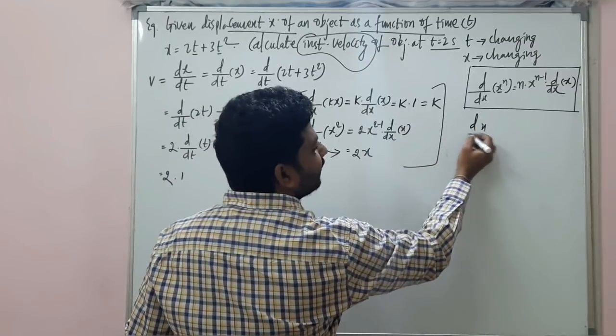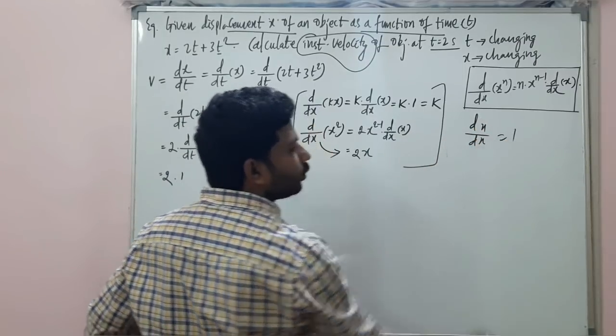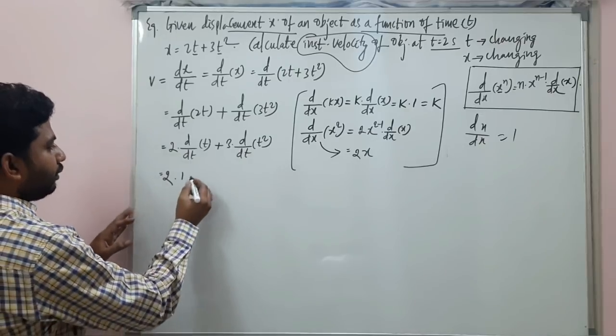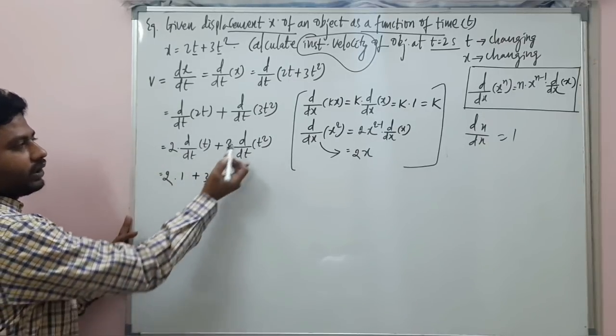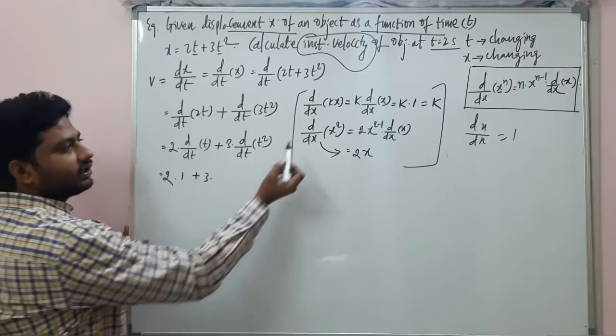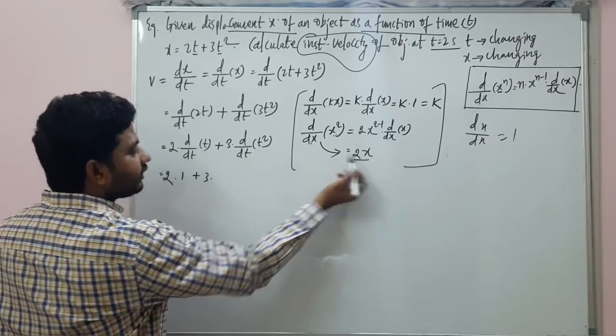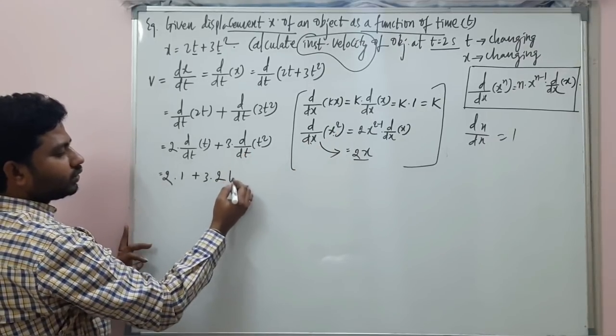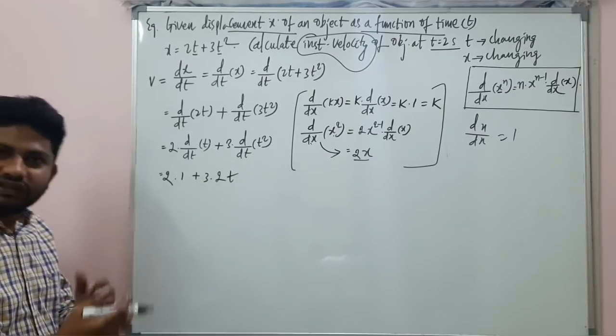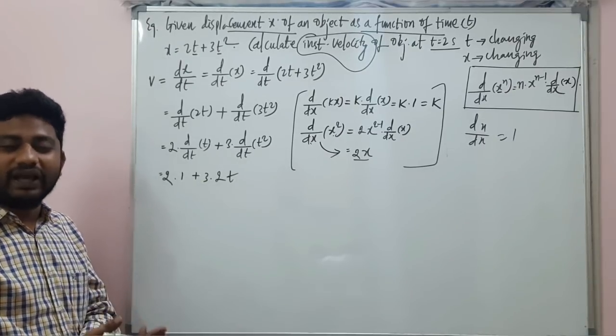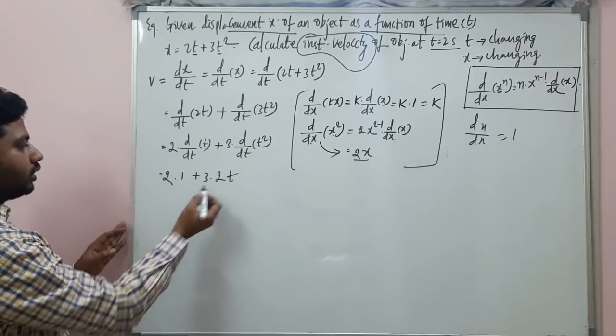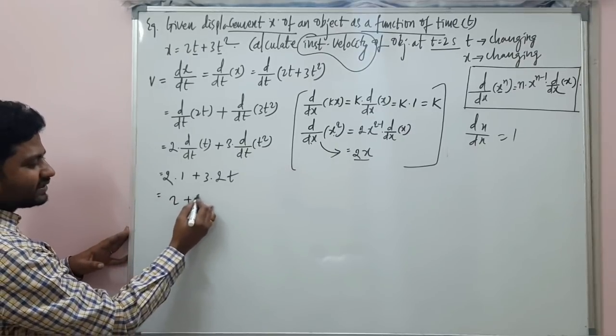So dt by dt is equal to 1, plus 3 into, what is the d by dx of x square form? It is 2x, so here it is 2t. We are doing the differentiation with respect to time t, right? So now it is 2 plus 6t.